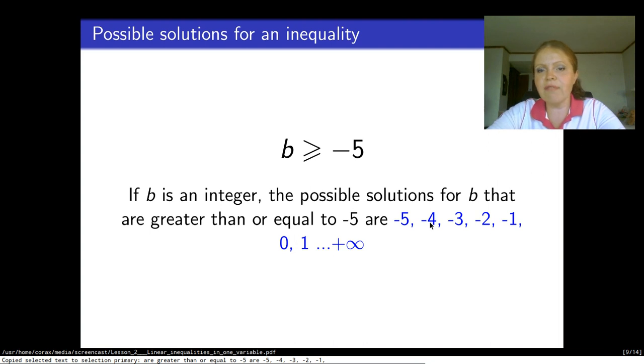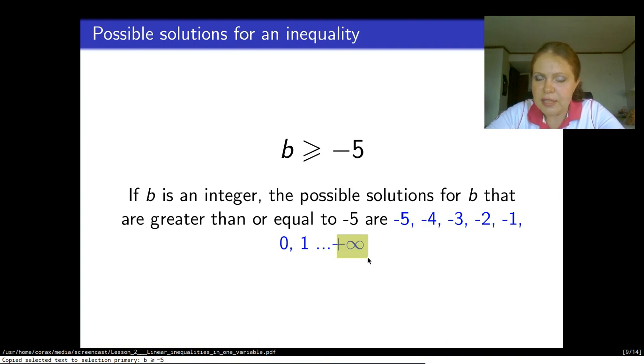Next number, -4 is greater than -5. -3, -2, -1, even 0 is greater than -5. 1, 2, 100, 200, and whatever, 1 million. All of these numbers are greater than -5. All of these numbers, blue numbers, satisfy this condition: B is greater than or equal to -5.